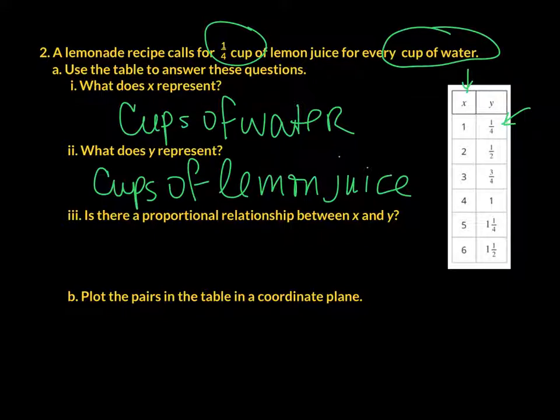The next question asks us if this is a proportional relationship. Well, there are a couple ways of telling. You can tell that for every full cup, there's a quarter cup of lemon juice, but also if I wanted to do the math to see what the constant of proportionality is, I know 1 times 1/4 works here, 2 times 1/4, 3 times 1/4 is 3/4, 4 times 1/4, so it clearly works.